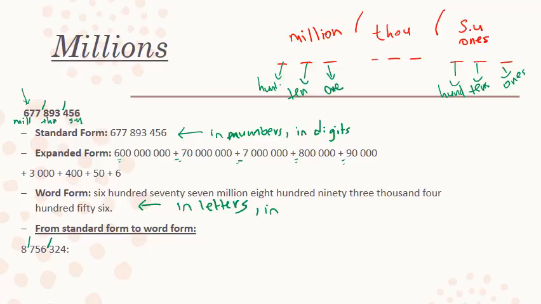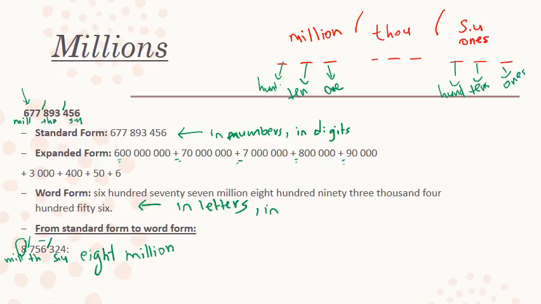Why? Because it's going to be easy for you to write it. This is the simple unit, this is the 1000, and this is the million. Look, what do you do? You look for the million class. What do I have in the million class? I only have 8. So I write 8, then followed by the class name, which is million.